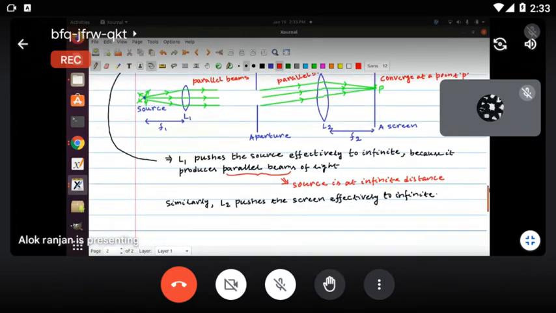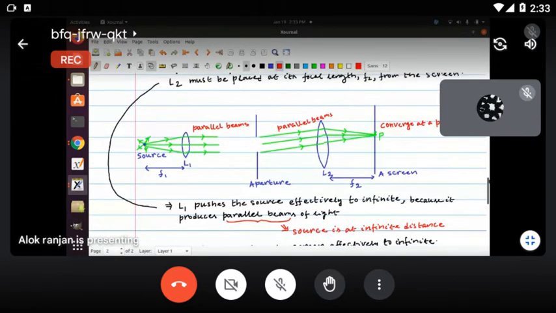So in the next class, as I said, we will study the theory of diffraction by using a single slit. In fact, this is the single slit experimental setup. Again, we'll discuss it tomorrow.